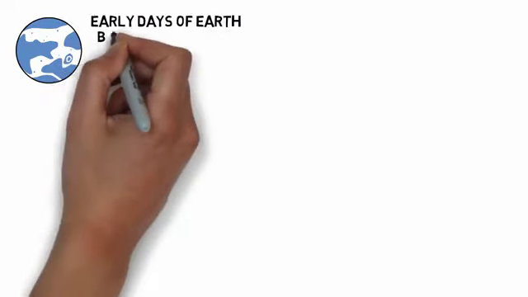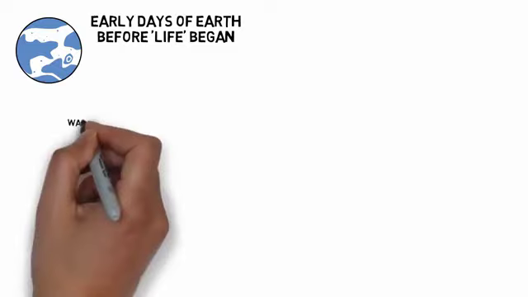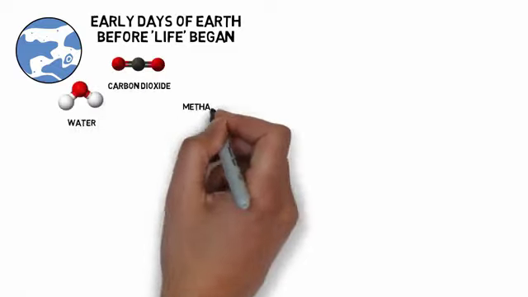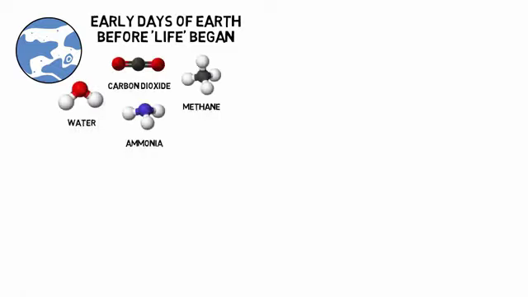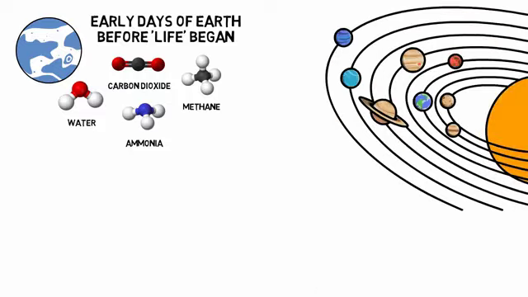We can start by looking at the chemical conditions during the early days of Earth before life began. We speculate that it is plausible that water, carbon dioxide, methane, and ammonia would have been present during the early days of Earth, as we know they are currently present in other planets in our solar system.